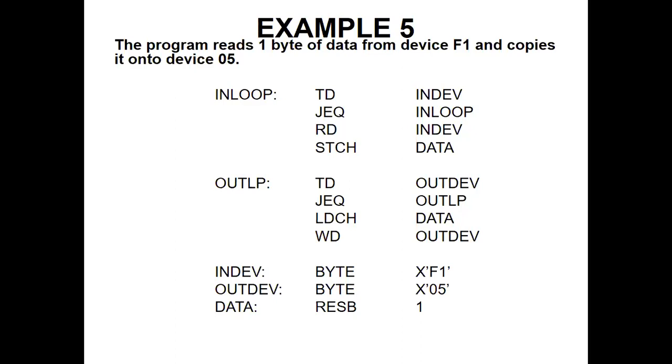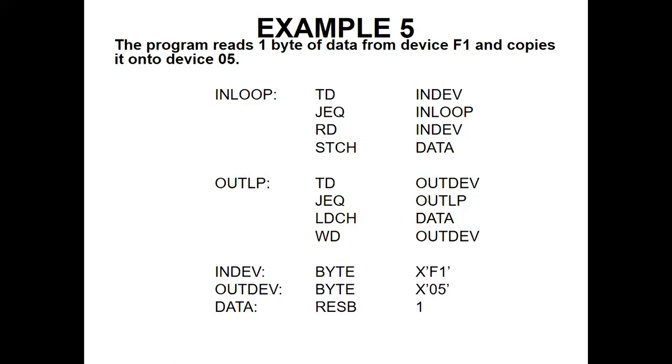So you can see that instruction there, test device, and the operand is the device. So test device, I think this means the input device, okay? So we are expecting to get an answer whether the device is ready or not ready. If it is ready, we get less than. If it is not ready, we get equals.